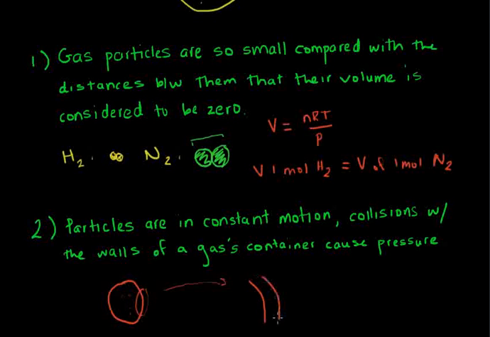If this is the wall of a container, and it's rigid, these particles inside are swarming around, and every now and then they're going to bump into the side of the container. What keeps a basketball inflated, what keeps the container of a gas inflated, is the pressure, or the force, exerted by these particles on the walls of their container.